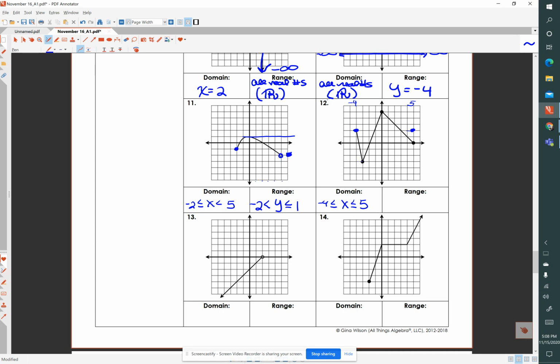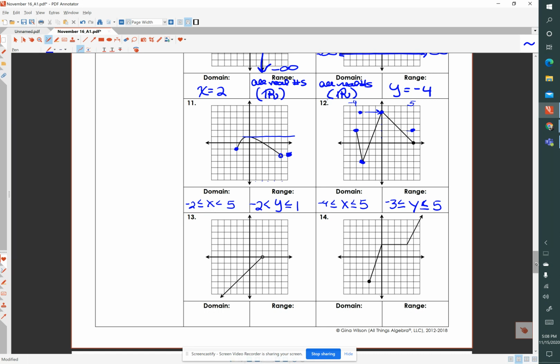Now the range, solid dot on -3, and I go up to this point right here, which is 1, 2, 3, 4, 5, which is 5, and it's a solid dot. So I'll include the equal sign. So I will have -3 is less than or equal to y. Remember, this is the range, which is less than or equal to 5.